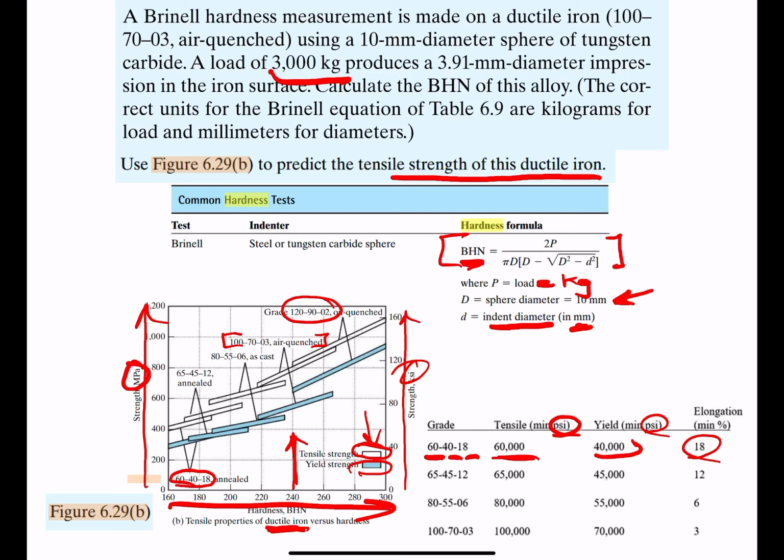We climb up until we intercept the 170.03 air-quenched ductile iron, and we're going to intercept that right about here. It looks like, without even doing a tensile test, just simply doing a quick little indent test, we would expect a tensile strength value of 800 megapascals.